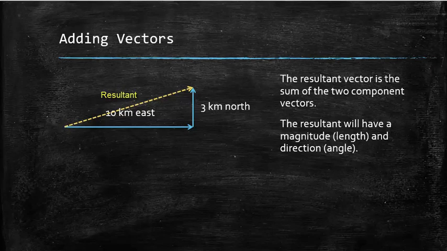All of those pieces that make up that vector are called the components. The resultant has a magnitude, and in this case it's a length, and it's going to have a direction. We are actually going to find an angle for it, not just say, oh yeah, it's headed off in the northeast.